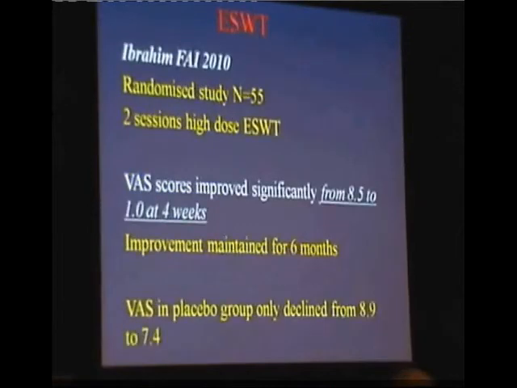An example of a study which shows that it does work, Foot and Ankle International 2010. This is a randomized study, 55 patients. When they assessed their visual analog scale scores at 4 weeks, those who had the ultrasound had their scores improve from 8.5 to 1, compared to placebo, where it only went from 8.9 to 7.4.